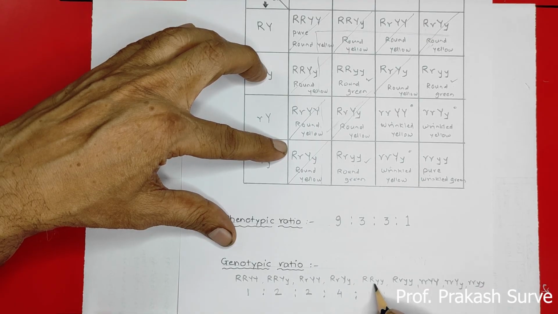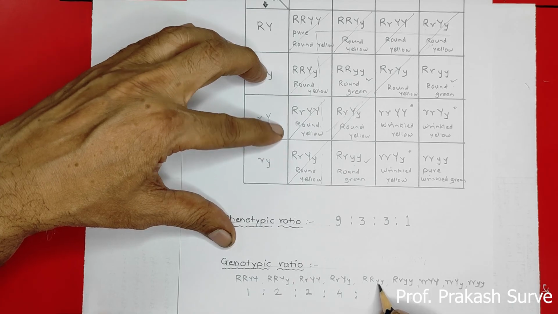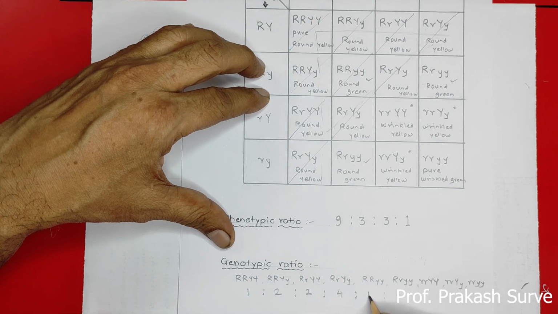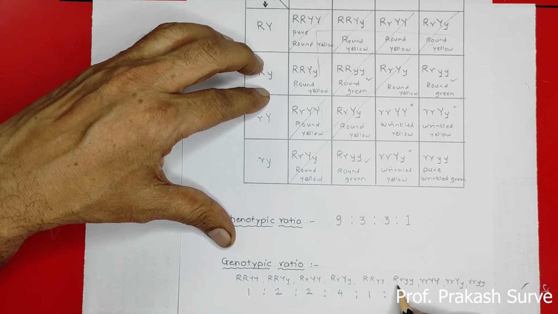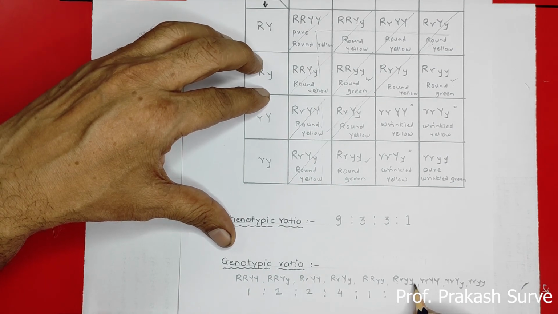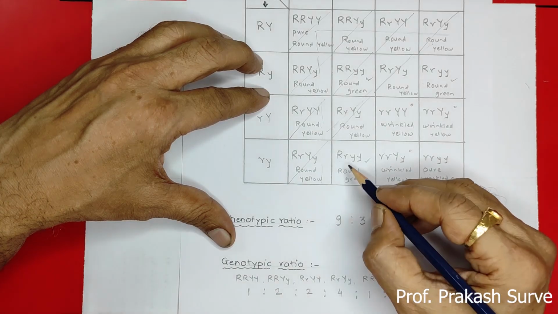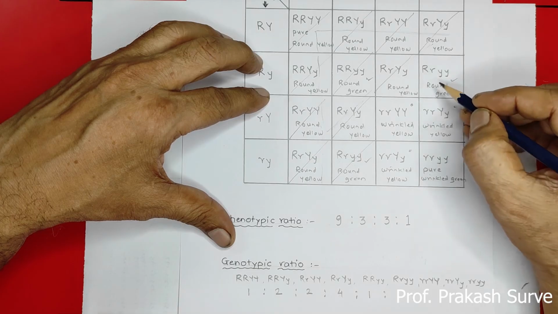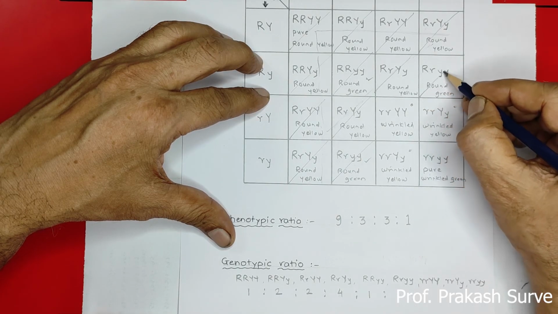Next, capital R, small y, small y. So this is 1. So we got 1 here. Next, capital R, small y, small y. This is a 1. And this one is 1 more.